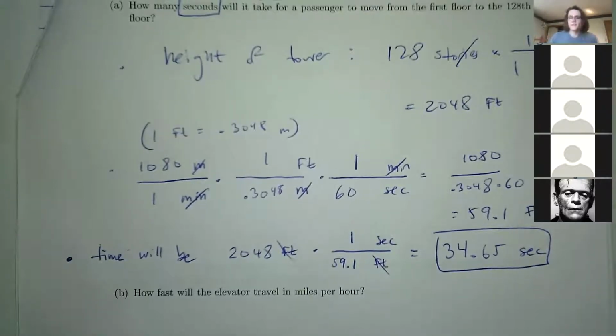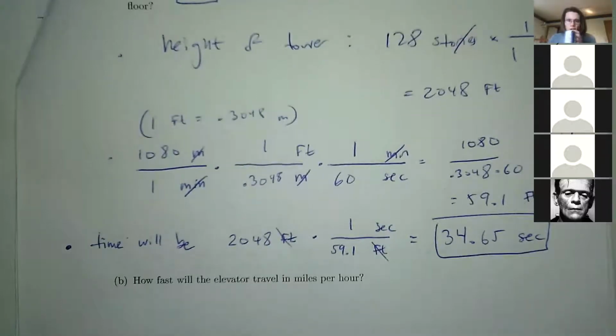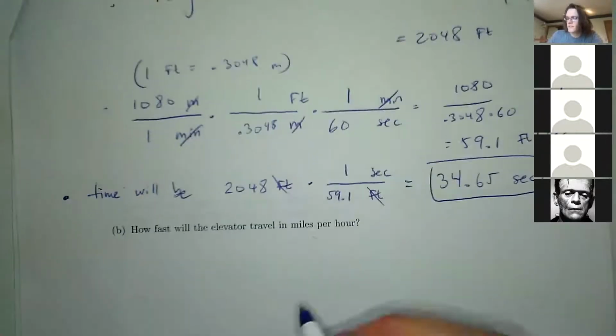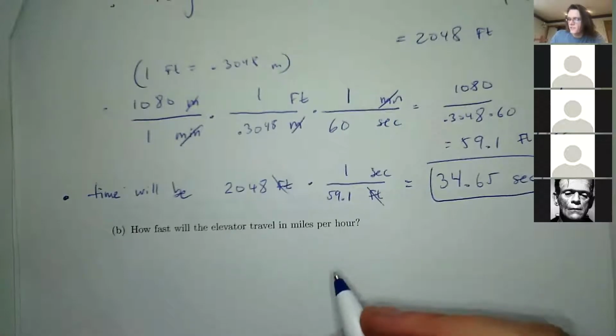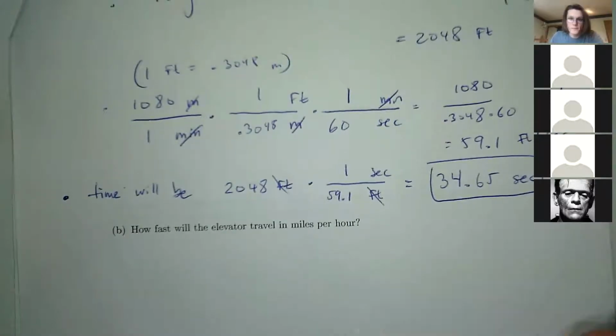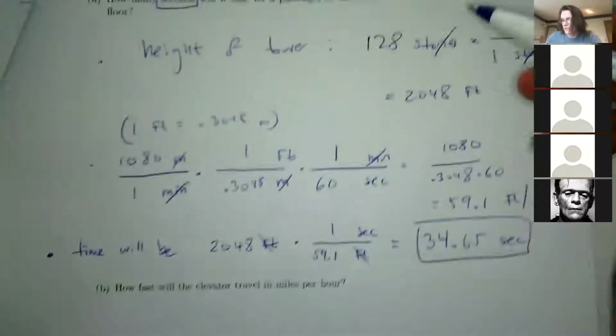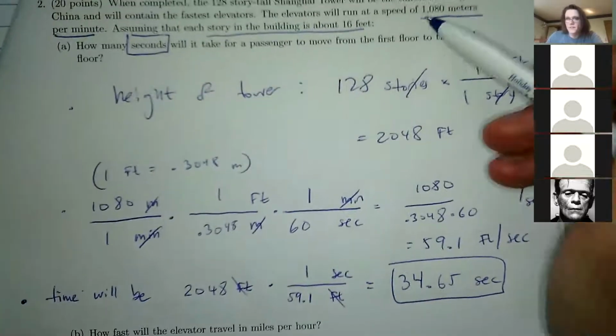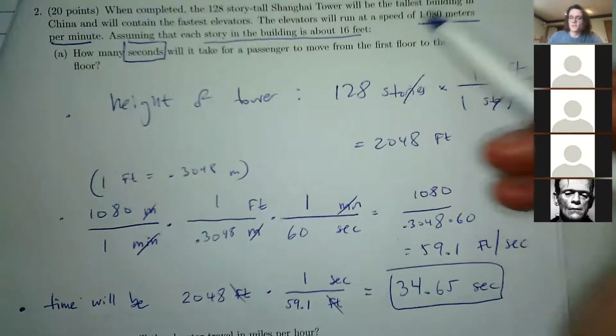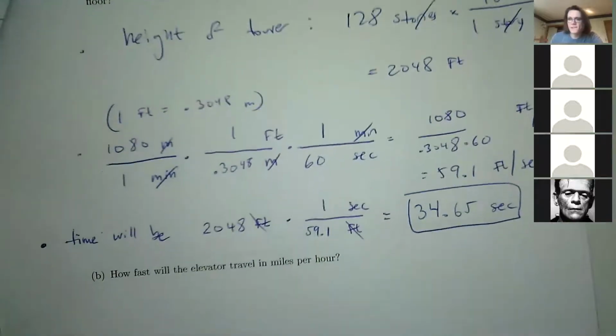Right? Oh, for the bottom question, part B, instead of doing meters and minutes, you could do miles per hour. So for part B, basically it's just asking you to convert the feet per second into miles per hour. Or if you want to do everything again, it wants you to convert the 1,080 meters per minute into miles per hour. Right?